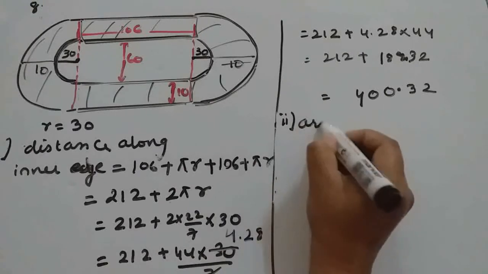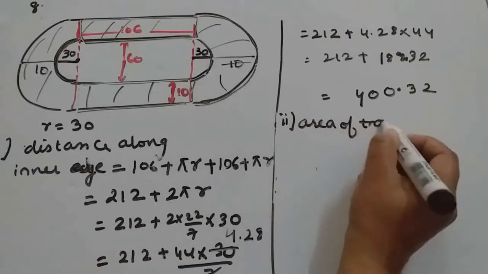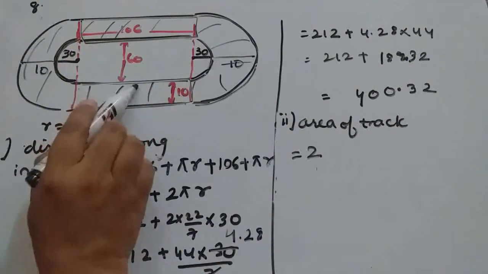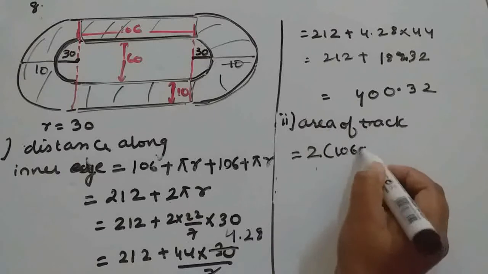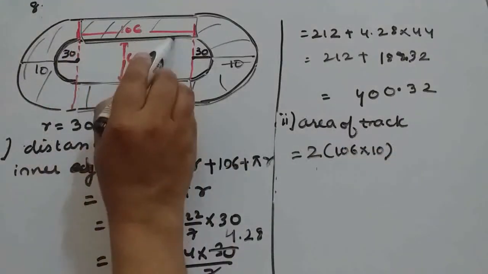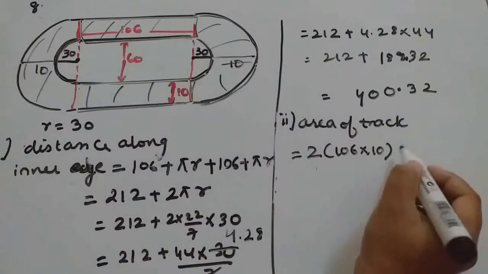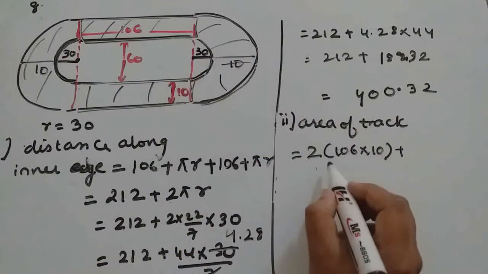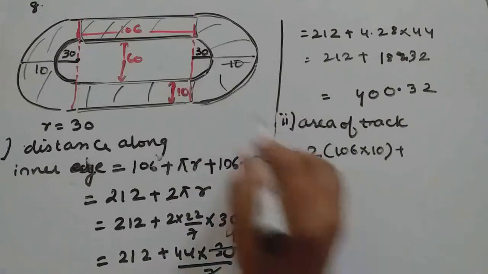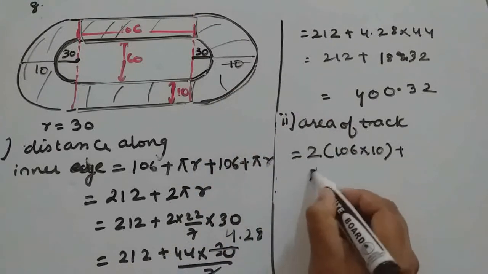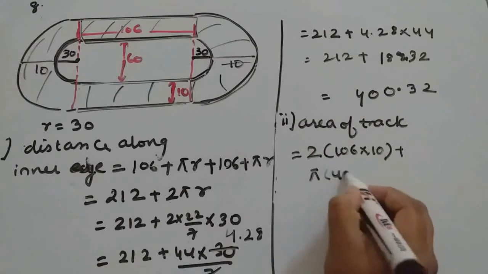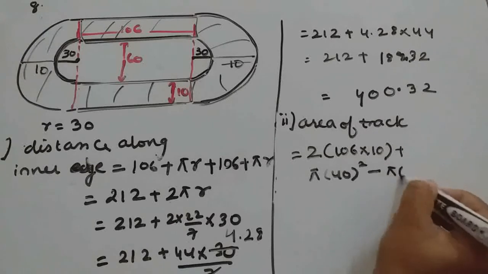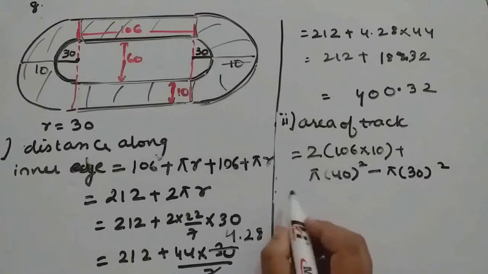So we can write the area of the track will be 2 times, since 2 rectangles are there, so 2 times 106 into 10, length and breadth, L into B, plus the area of the outer circle, that is pi r square, means 40 square, minus the area of the inner circle, that is pi into 30 square.